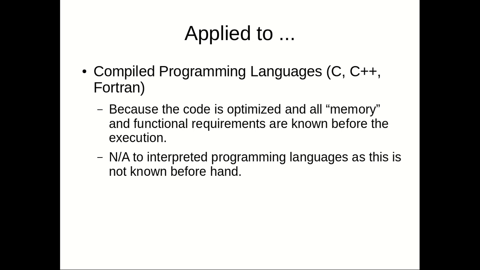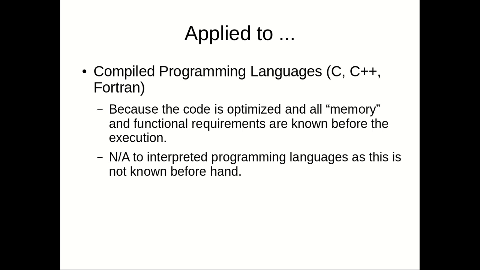Now this technology has been applied to compiled programming languages like C, C++, and Fortran. The reason why this is applicable to them is because in compiled programming languages, before the executable is executed, all the code requirements in terms of memory and functions are known from the beginning till the end of the program.